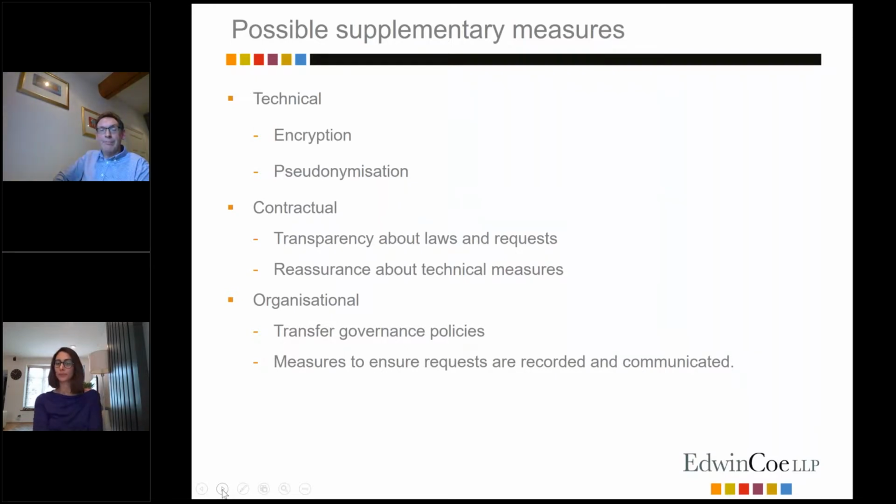Perhaps you have an overall policy about how transfers are measured, how they're dealt with, and what's done generally if you do get a request from the local government to actually see that data. So that's the sort of thing we're talking about. So that really adds a layer of complexity to using any sort of safeguard, not just the standard contractual clauses, but it is something you need to be thinking about, you need to be doing.